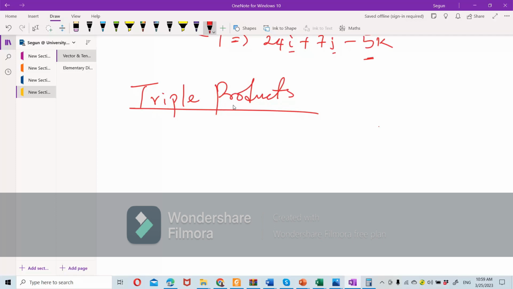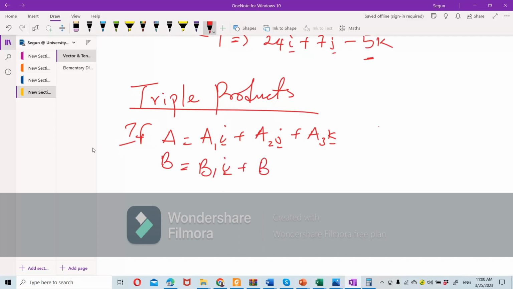So when you have three vectors, say A equals A1 i plus A2 j plus A3 k. Then B equals B1 i plus B2 j plus B3 k.